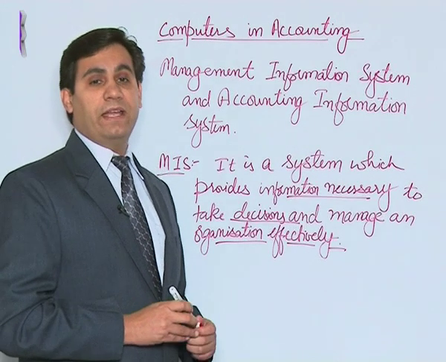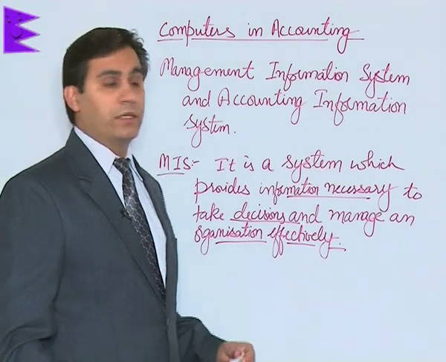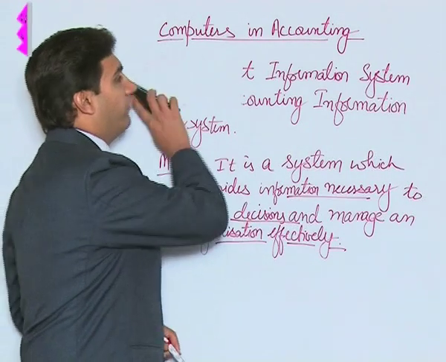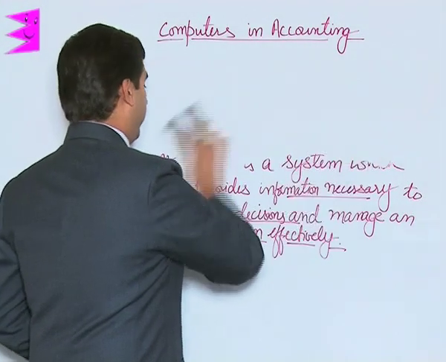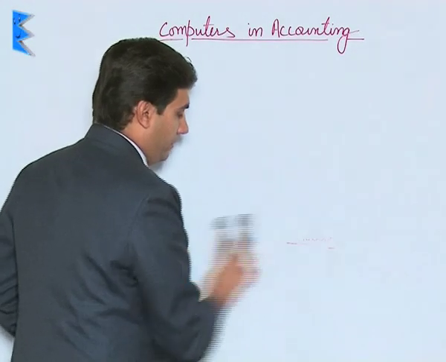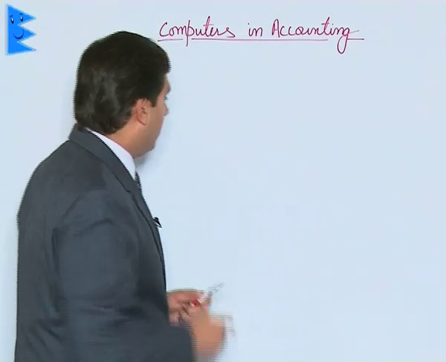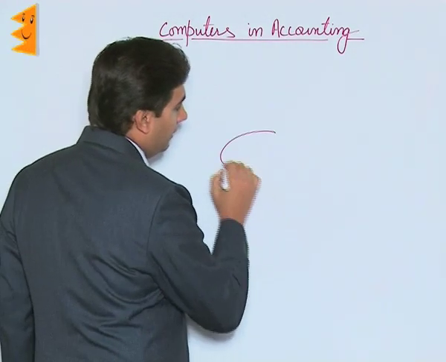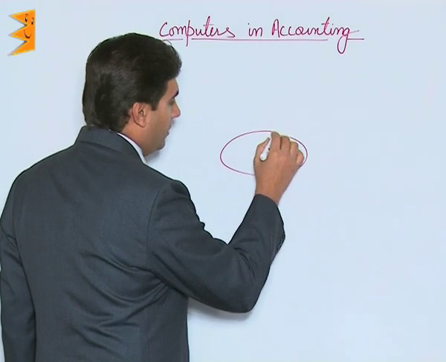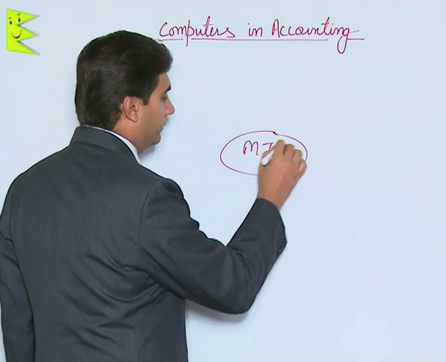So if we try to construct a flow chart about it, we can say that management information system collects information from various departments. It can be depicted like this. Management information system is at the center.